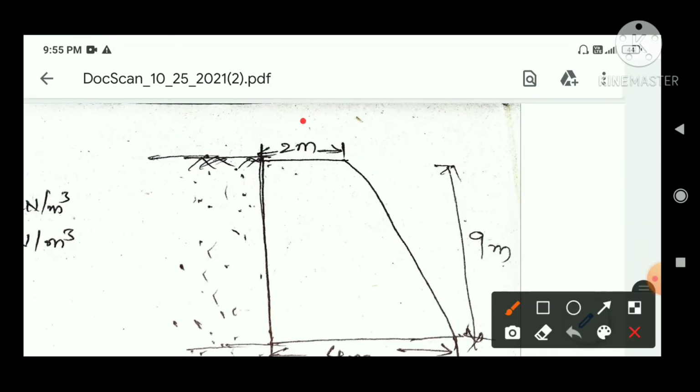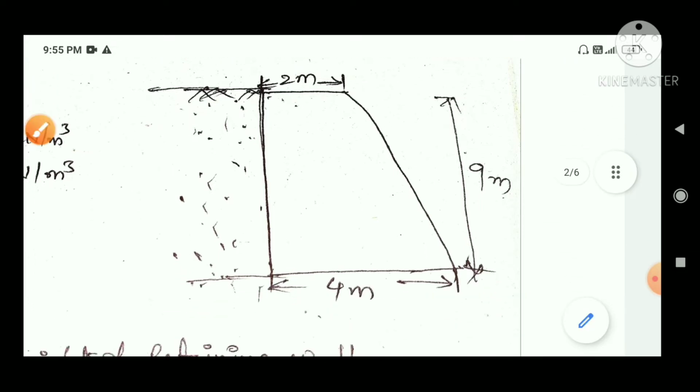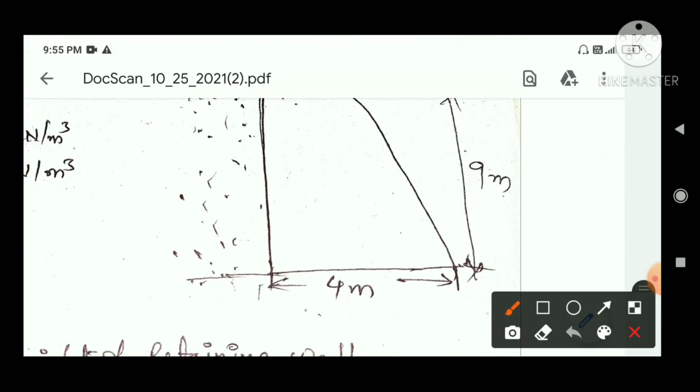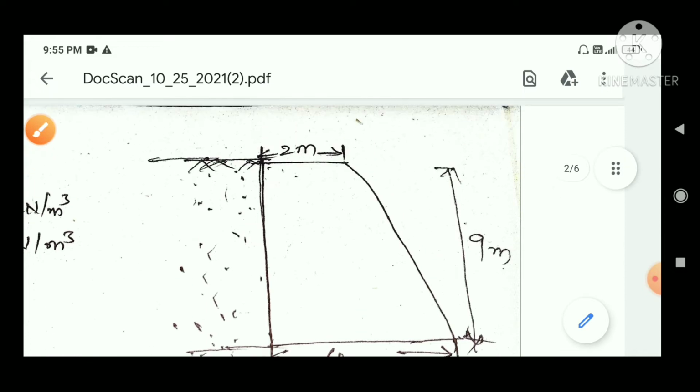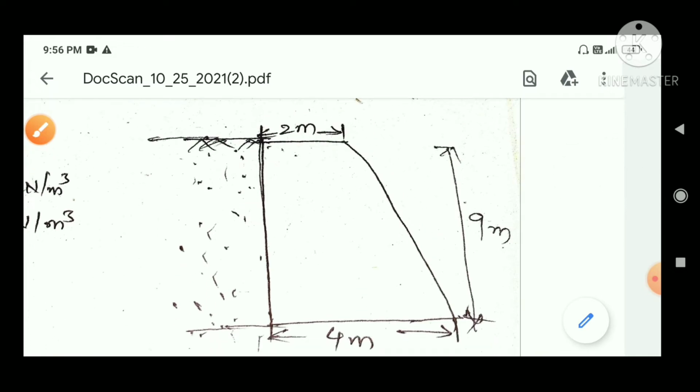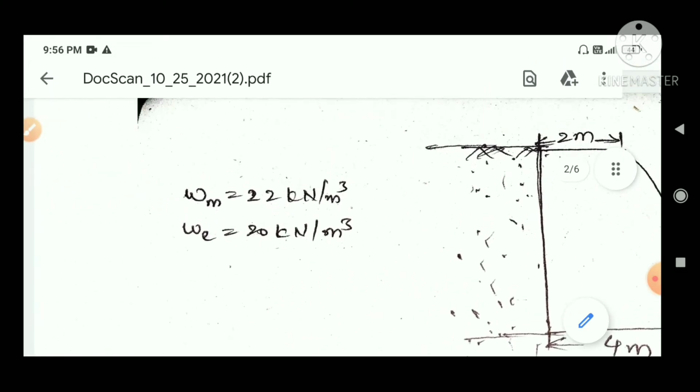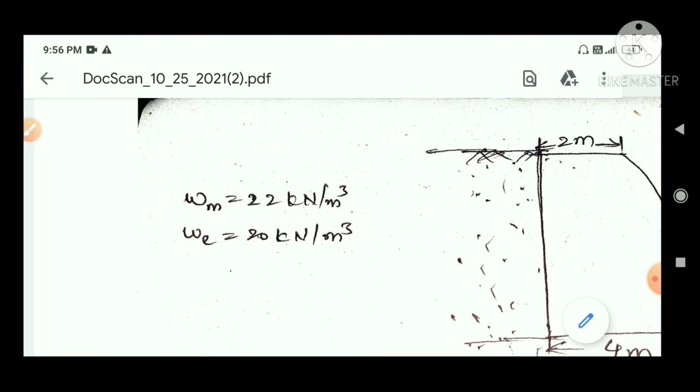This is top width A, this is bottom width B. B is given 4 meters and A is given 2 meters, and this is the total height of the dam, 9 meters. Okay, and the masonry unit weight is 22 kilonewtons per meter cube and unit weight of earth is 20 kilonewtons per meter cube.